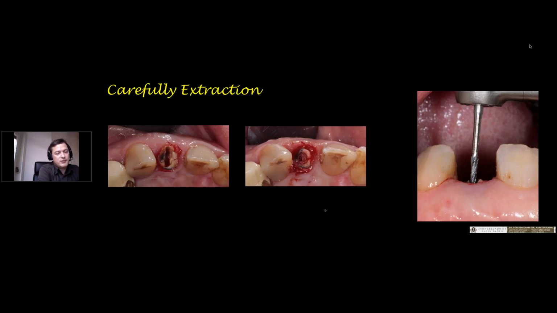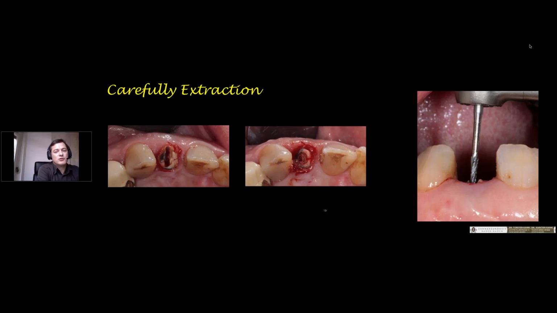I will show you in the next slides some different techniques for how to remove the teeth. Very important with all techniques is not to touch the buccal bone. Because if you touch the buccal bone with the drills or anything else, you destroy the blood cells and the blood reaction of the buccal bone, and then you will lose much more bone.